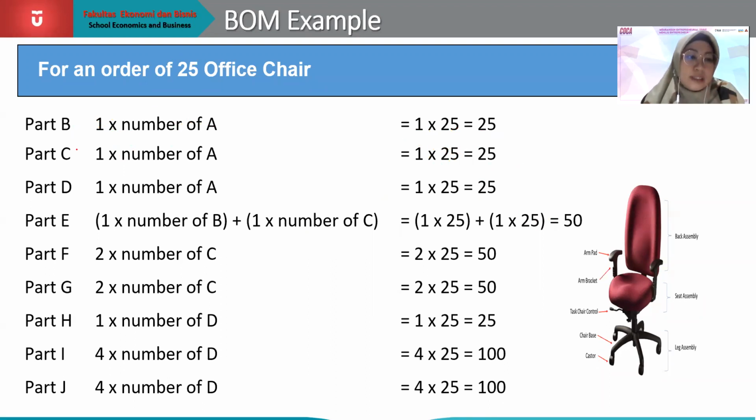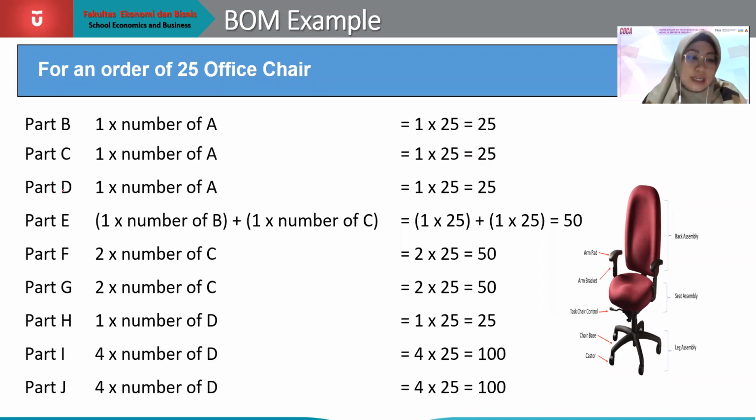And to make part C, to make one component A you need one C. So if you need to make 25 A, you need to provide 1 times 25. So you need 25 component C to make 25 office chairs.